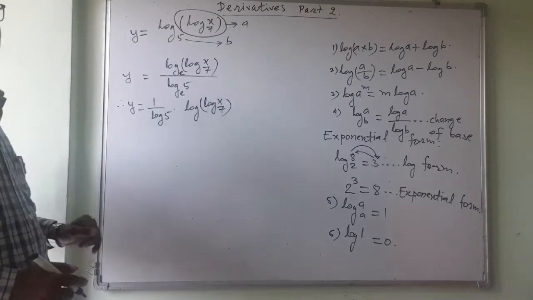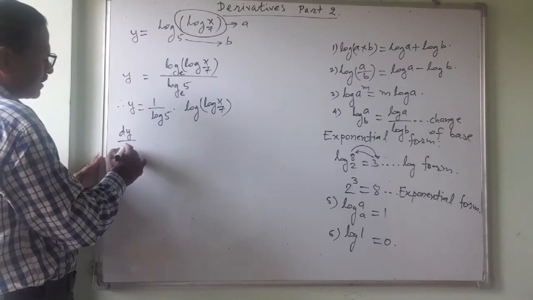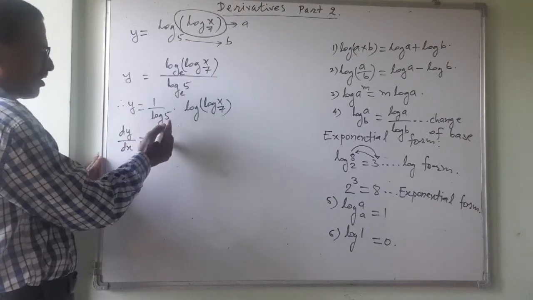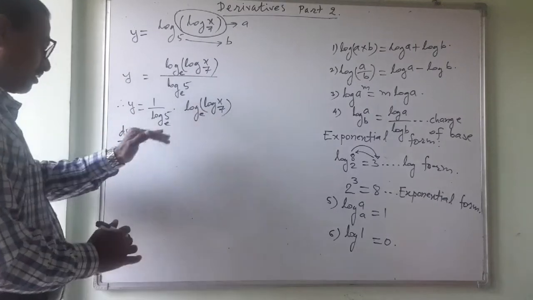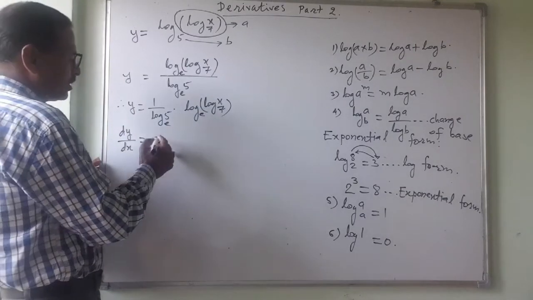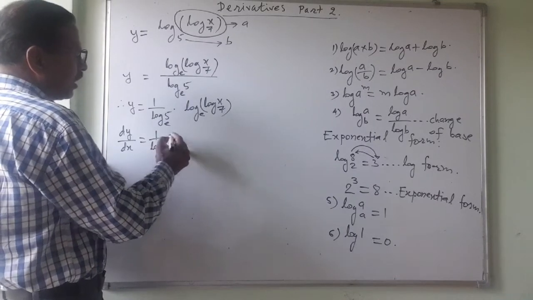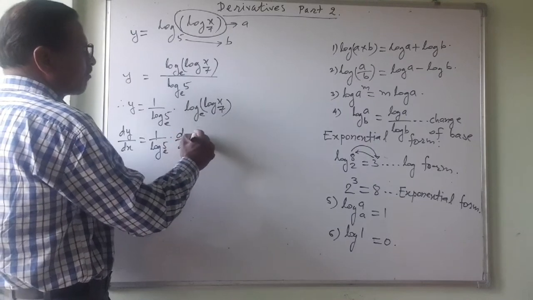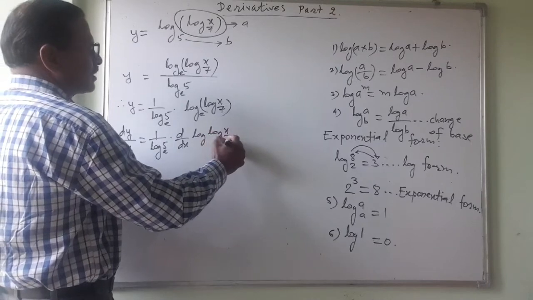Now I have to take the derivative. Derivative of y, dy by dx, is equal to 1 upon log 5 to the base e. No need to write this e. This is a constant, so I will not take the derivative of a constant. Of this I will take the derivative, dy by dx of log of x to the base 7.